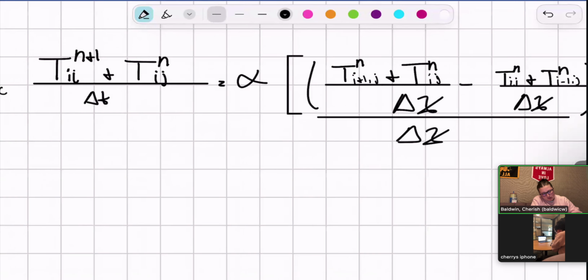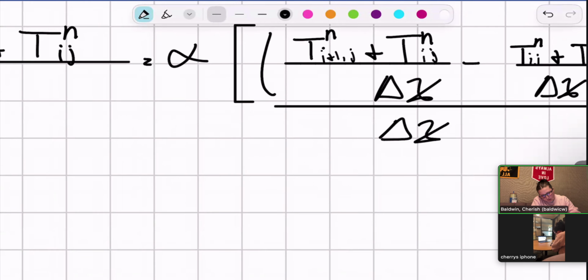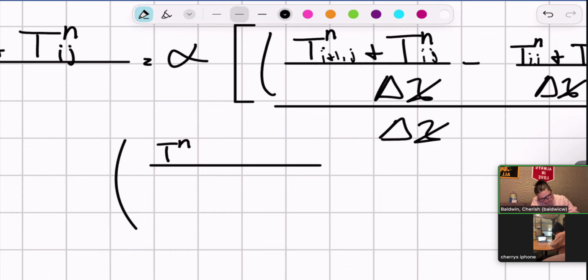Alright, and now we're going to do the y. So this is T n i j plus 1, plus T n i j, over delta y.